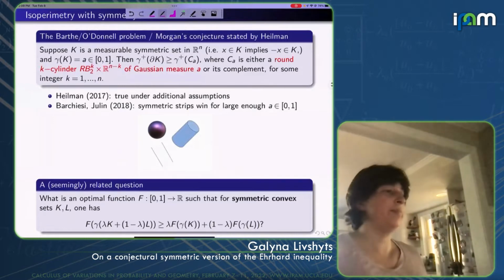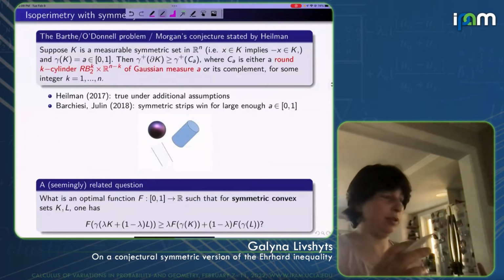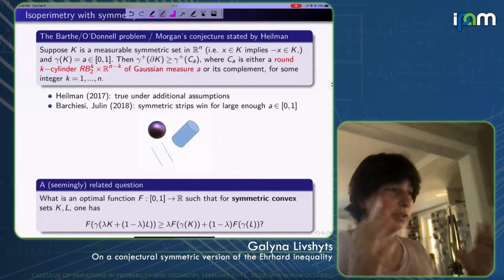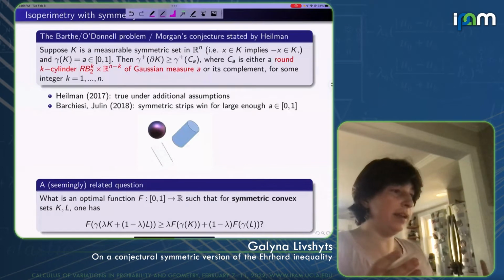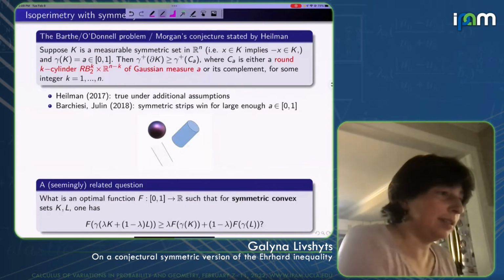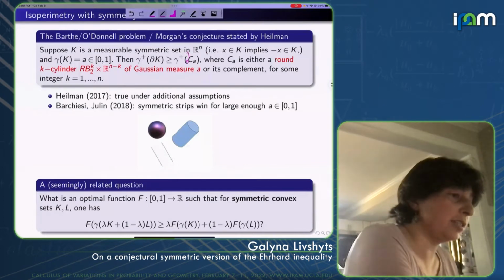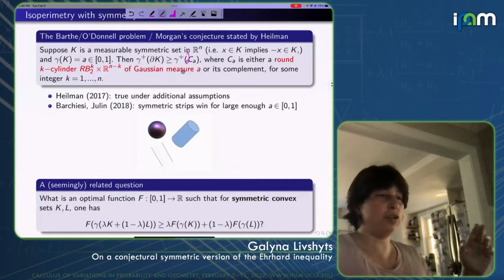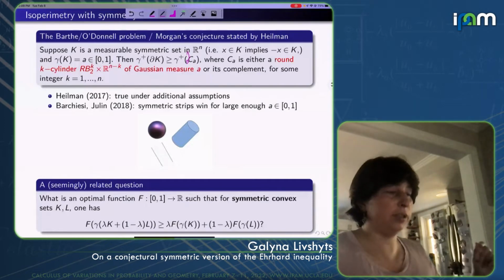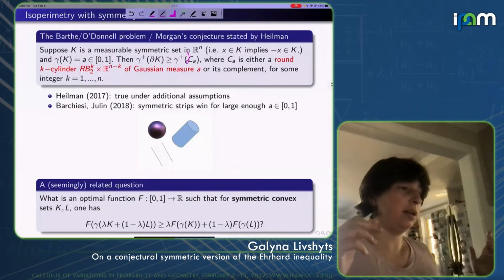Suppose we have a measurable symmetric set in R^n, symmetric with respect to the origin. Suppose its Gaussian measure is fixed, equal to A. Then the conjecture says that the perimeter of the set K is bigger than that of a set C_A, which is a round k-cylinder of Gaussian measure A, or its complement.